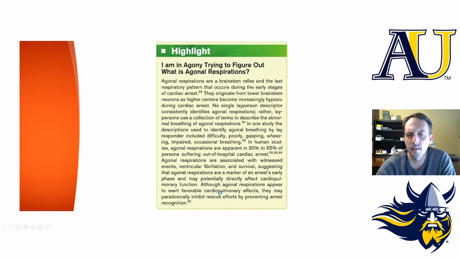So obviously this person is moving some air, but not enough to actually get air exchange. So that gasping is really a brainstem reflex that is the last respiratory pattern that occurs during these early stages of cardiac arrest, right?